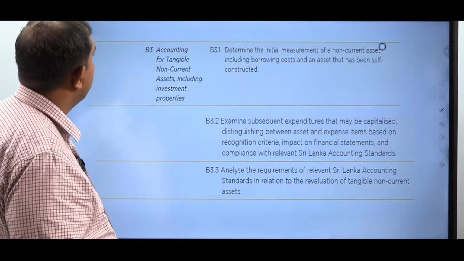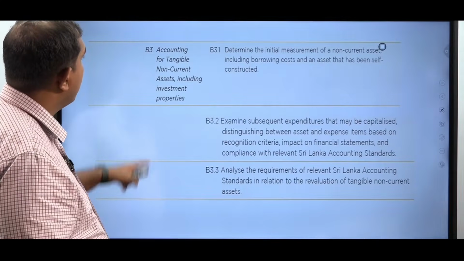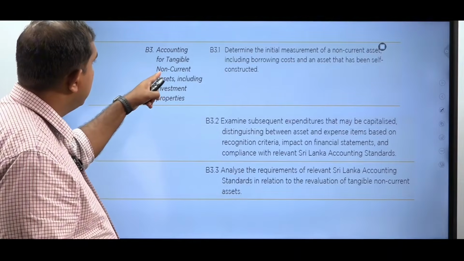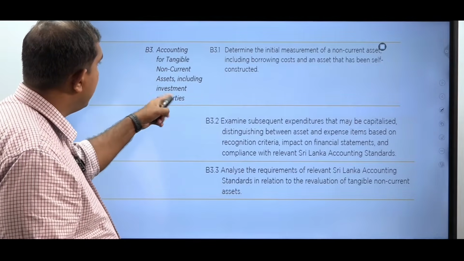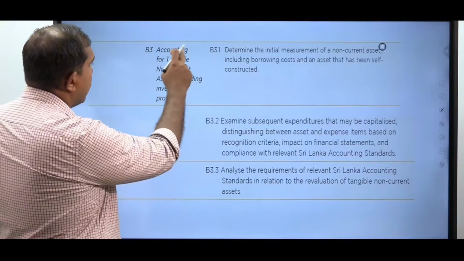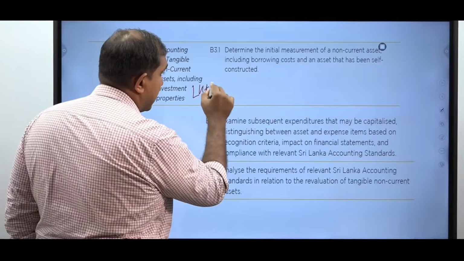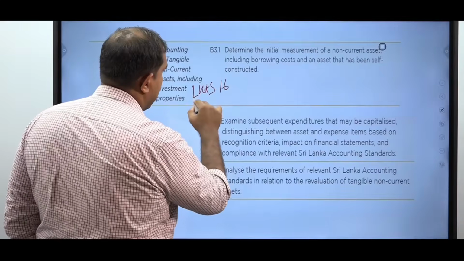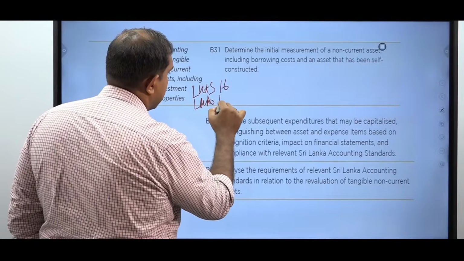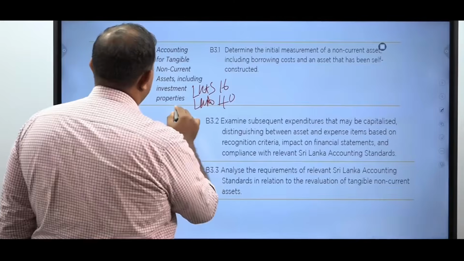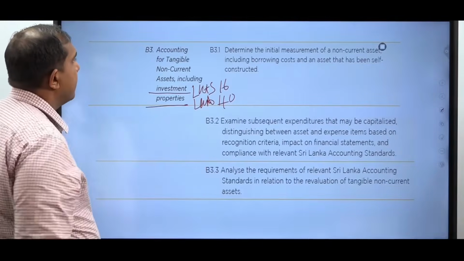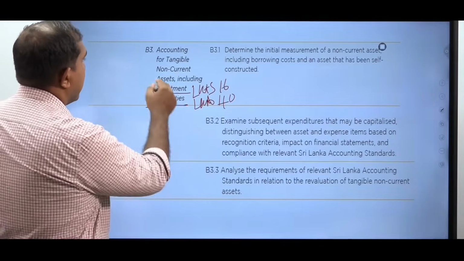Moving forward, B3, accounting for tangible non-current assets, including investment properties. There are a couple of standards connected here: LKAS 16, LKAS 40, investment properties.